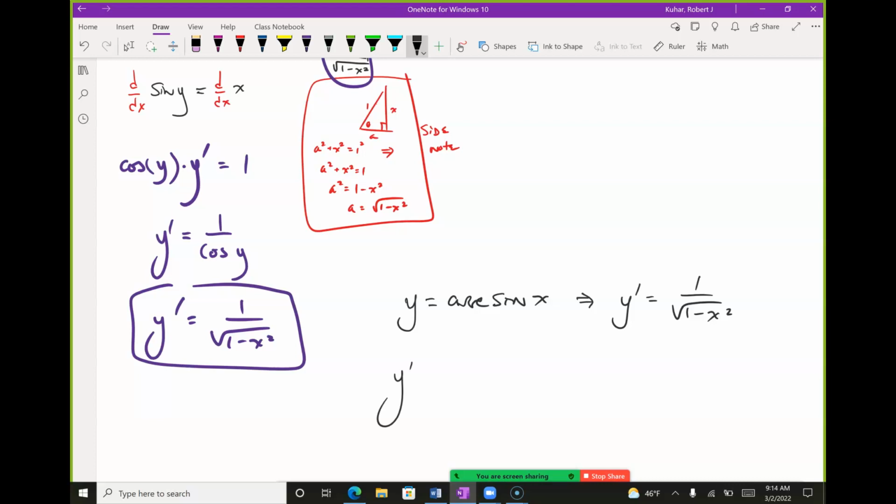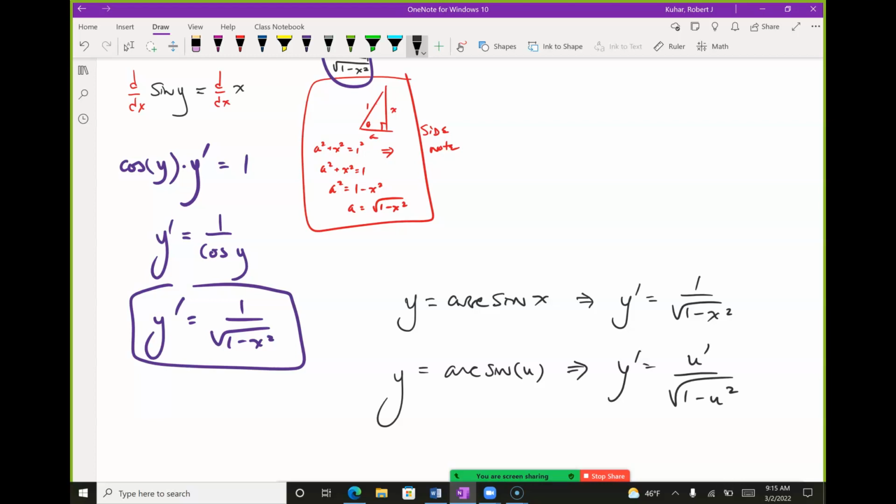And if y equals arcsine of u, y prime is u prime over the square root of 1 minus u squared. Let's do one more problem today and then get out of here.